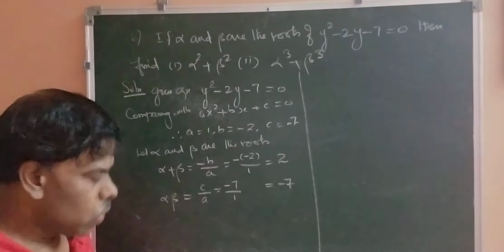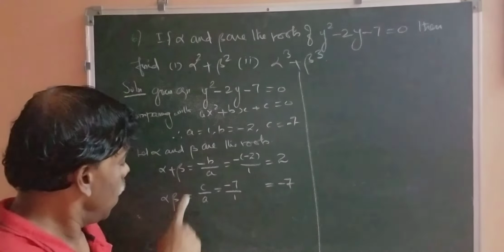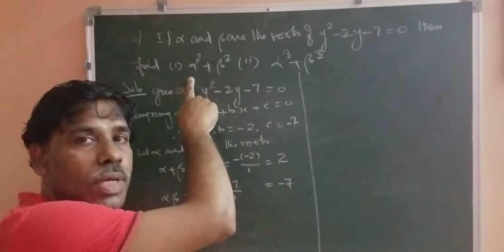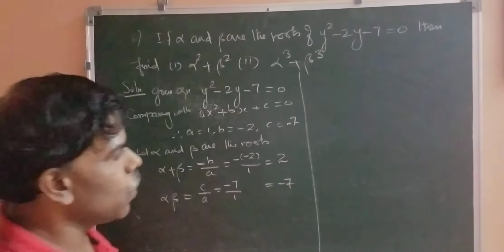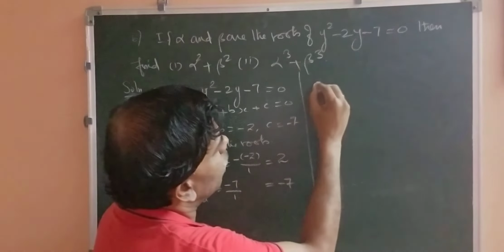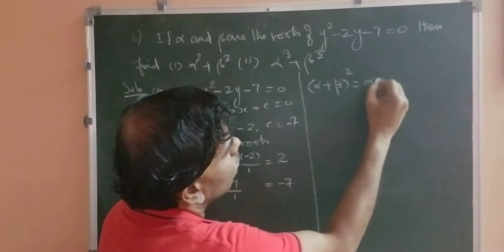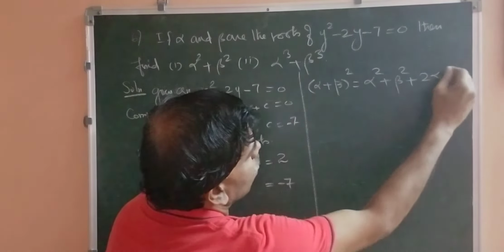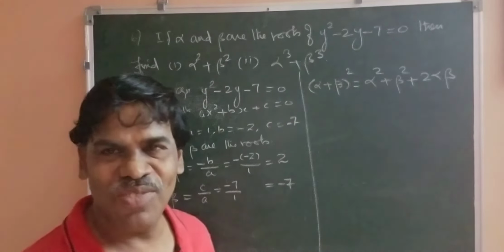Now, having known the values of alpha plus beta and alpha beta, we have to find these two values, alpha square plus beta square and alpha cube plus beta cube. Now you tell me, what is alpha plus beta the whole square? Alpha square plus beta square plus 2 alpha beta. You know the a plus b the whole square formula, right?